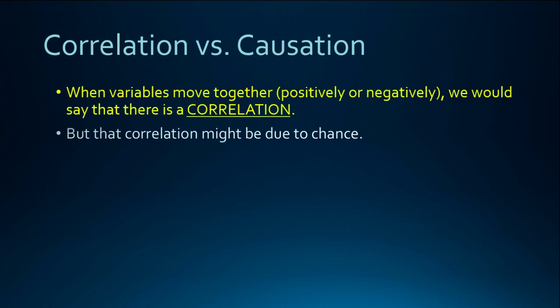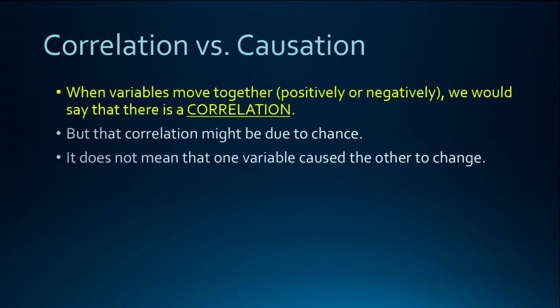But here's the thing, that correlation might be due to chance. It doesn't have to mean that one variable caused the other to change, right? It doesn't necessarily mean that one variable caused the other to change.